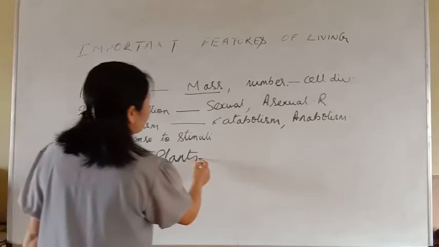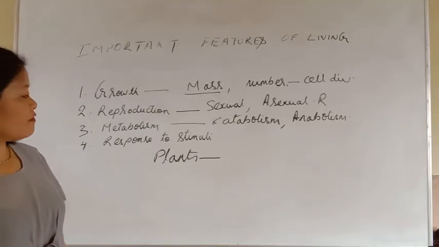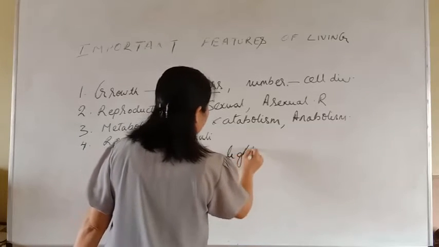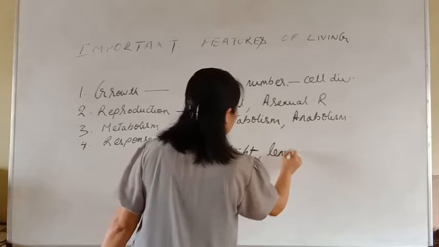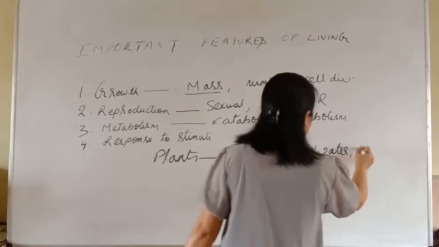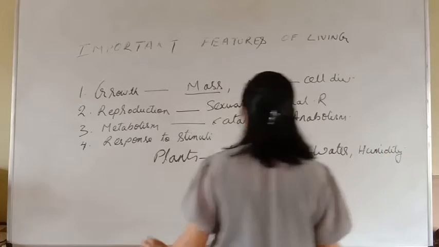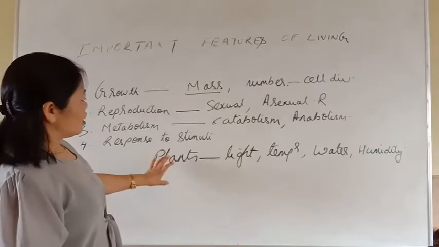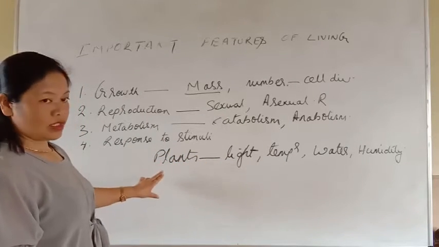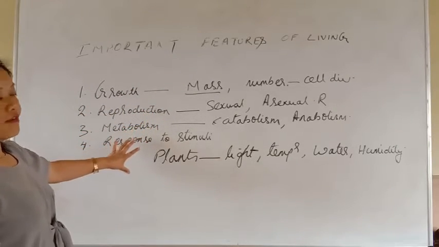Plants also respond to different environmental factors, and those are light, temperature, water, and humidity. So these are the different factors that are responded to by plants. This is all about the important features of living organisms.